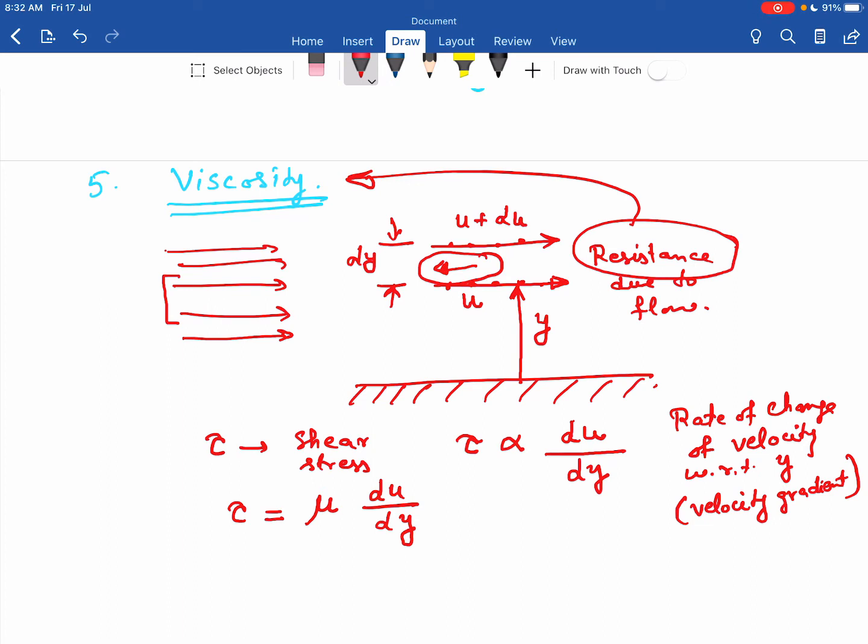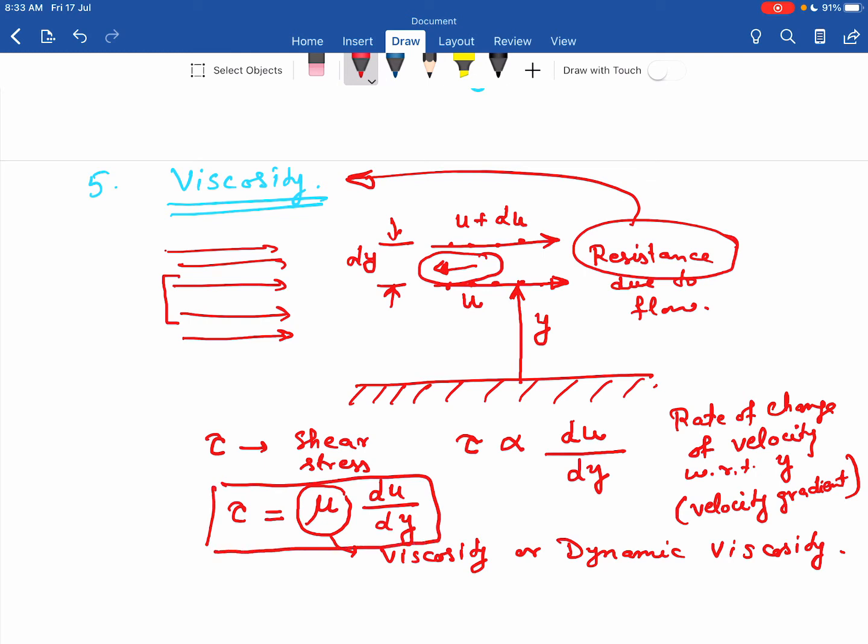This constant of proportionality mu, we call it viscosity or dynamic viscosity. Okay, and this equation is known as Newton's law of viscosity.